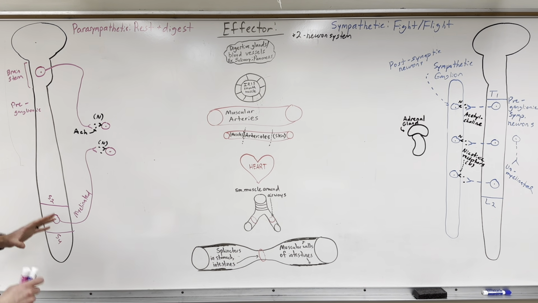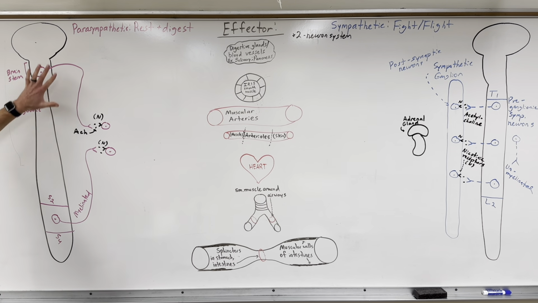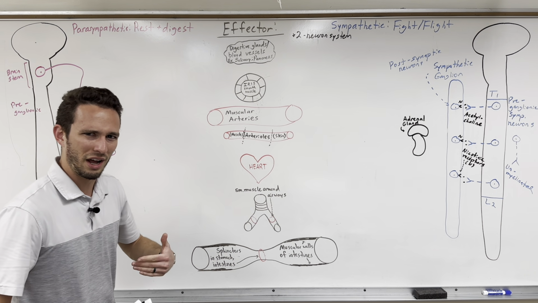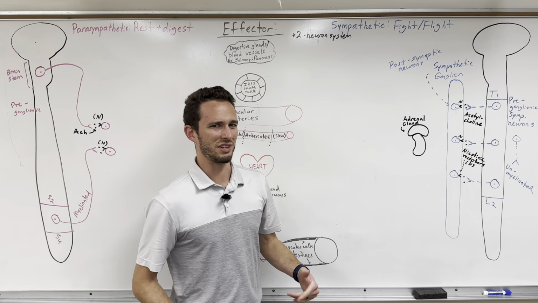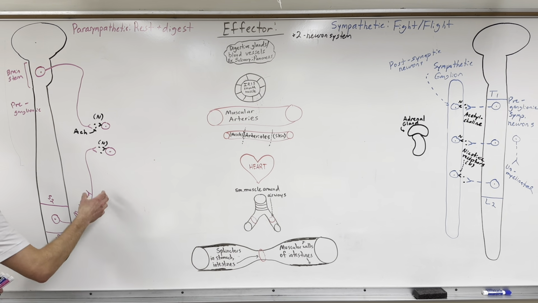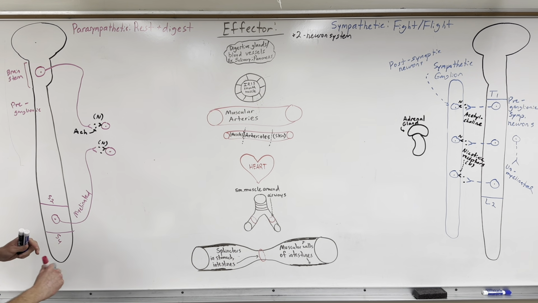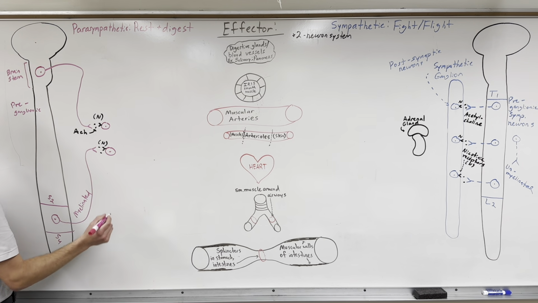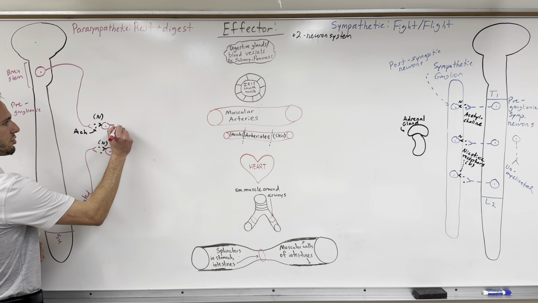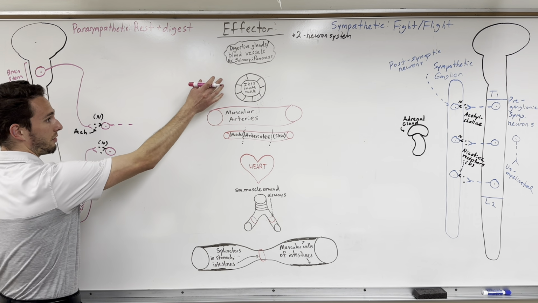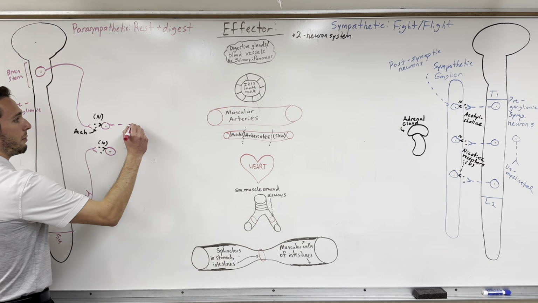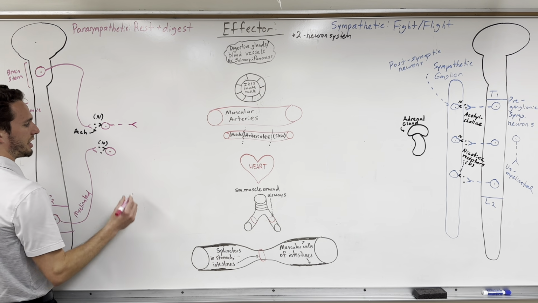Okay, so now what I want to do next is continue forward with the parasympathetic neurons first, because it's a little more straightforward. Sympathetic's a little more detailed. So let's hop over here to the postsynaptic neurons. Now these guys are going to be short and unmyelinated. So they're going to have short axons that will reach the variety of these tissue types, but they're going to release the same neurotransmitter.